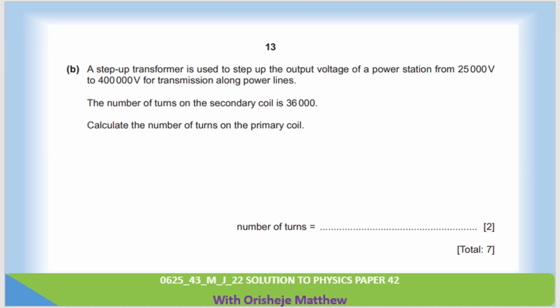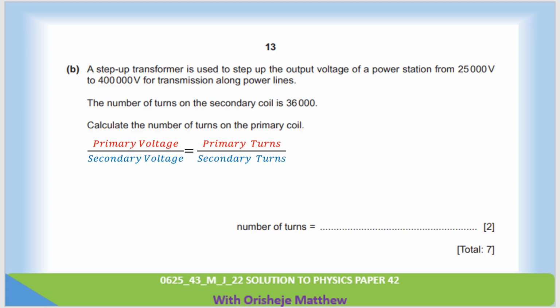Now, a step-up transformer is used to step up the input voltage of a power station from 25,000 volts to 40,000 volts for transmission along power lines. The number of turns on the secondary coil is 36,000. Calculate the number of turns on the primary coil.